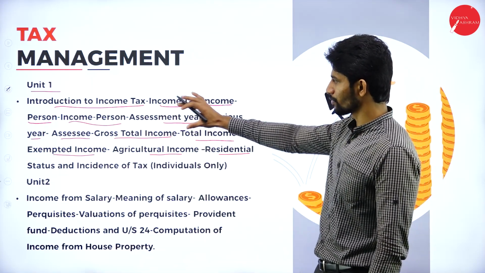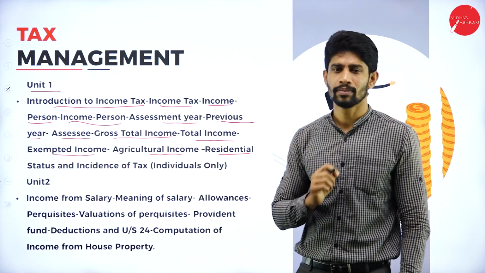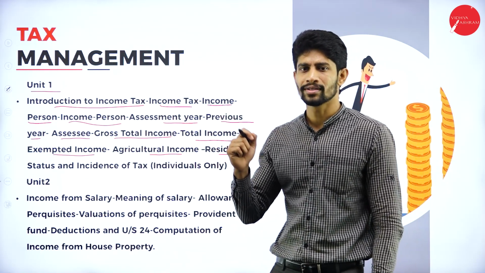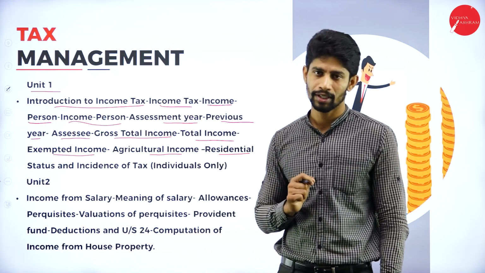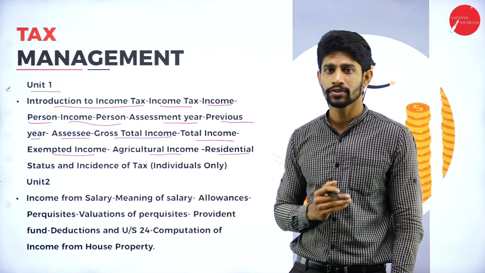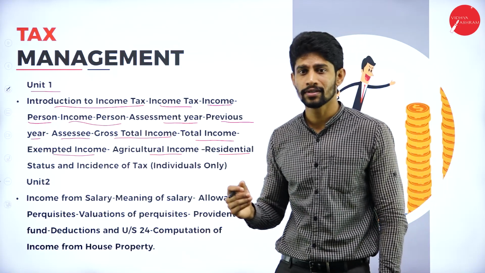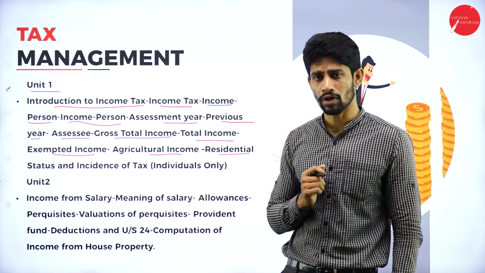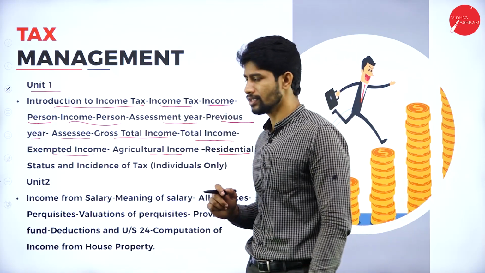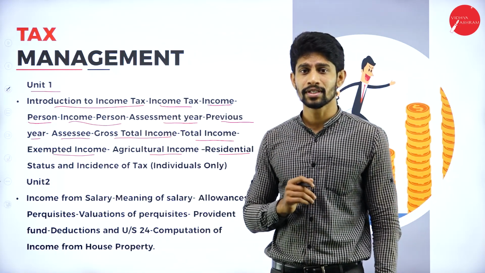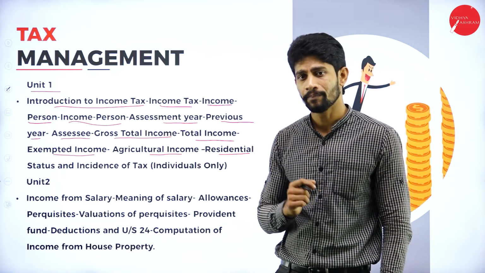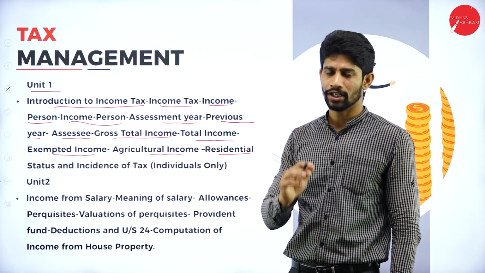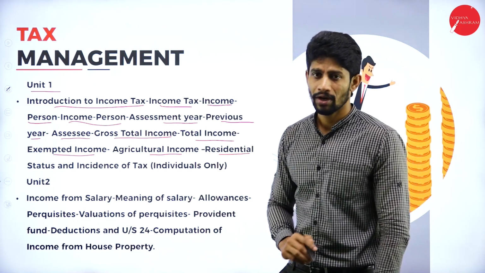So these are the topics we will study under Unit 1: what is income tax, the meaning of income, total income, gross total income, previous year, assessment year, the term assessee, who is called a person, which items come under exemption under Section 10, and the residential status of an individual. So this deals with Unit 1.